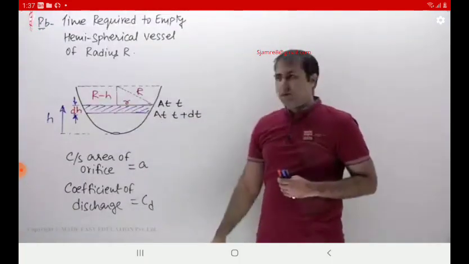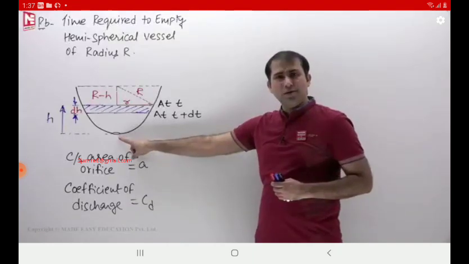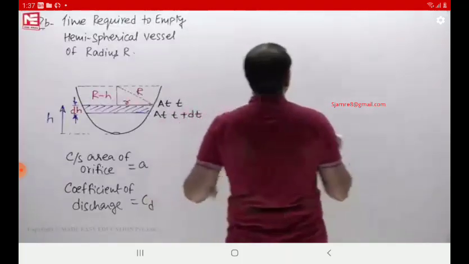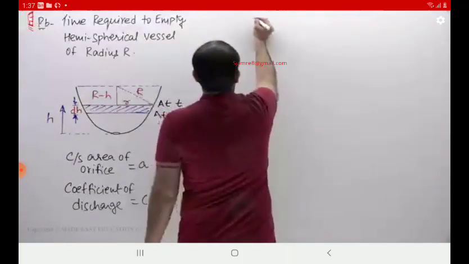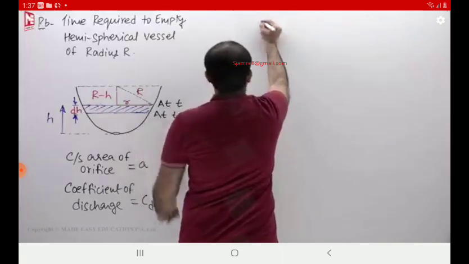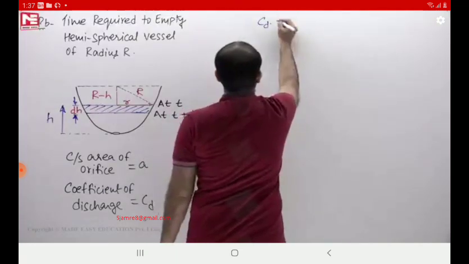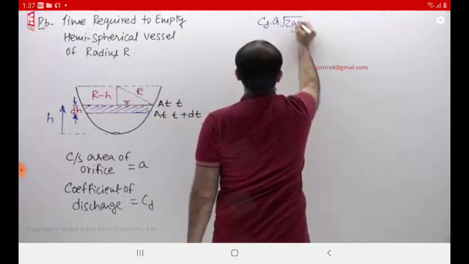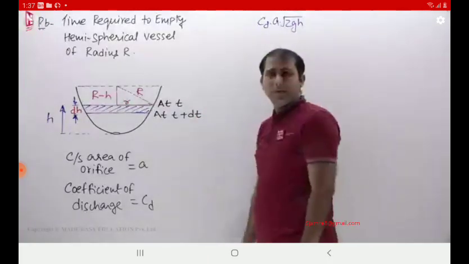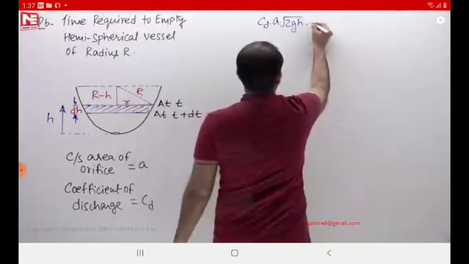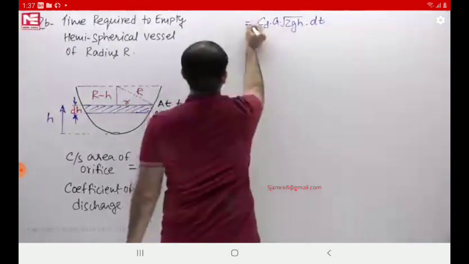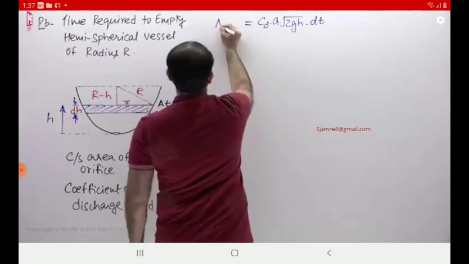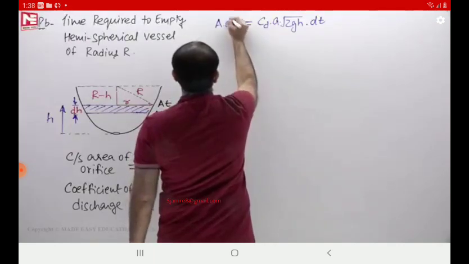Whatever volume is released here, the same is going to release here. So here it is discharge multiplied by dt. So this thing I am going to write here, my dear, that this is your discharge. Discharge is CD multiplied by A multiplied by root of 2gh, and this multiplied by dt. That is the same as this area multiplied by dh.